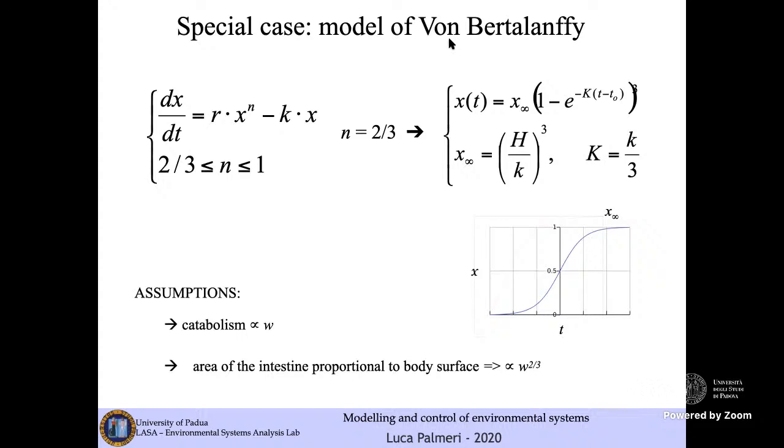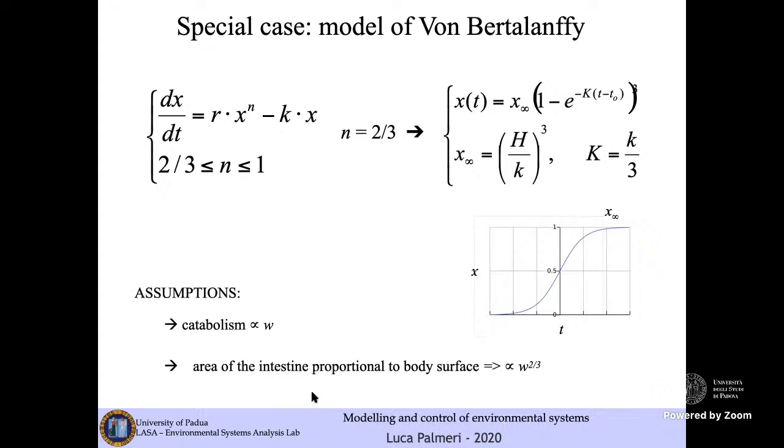Again, the assumption here is that the catabolism is proportional to the weight of the organism, so that the negative, decreasing part of the continuity equation is simply linearly proportional to the weight of the organism.